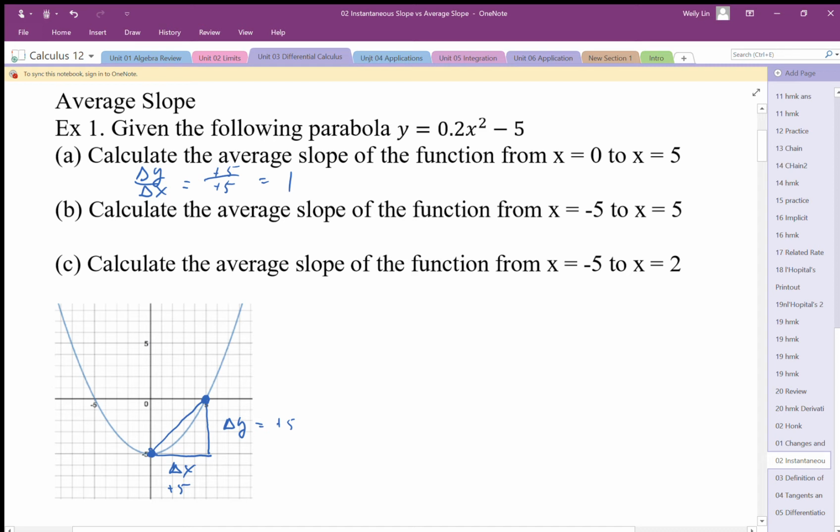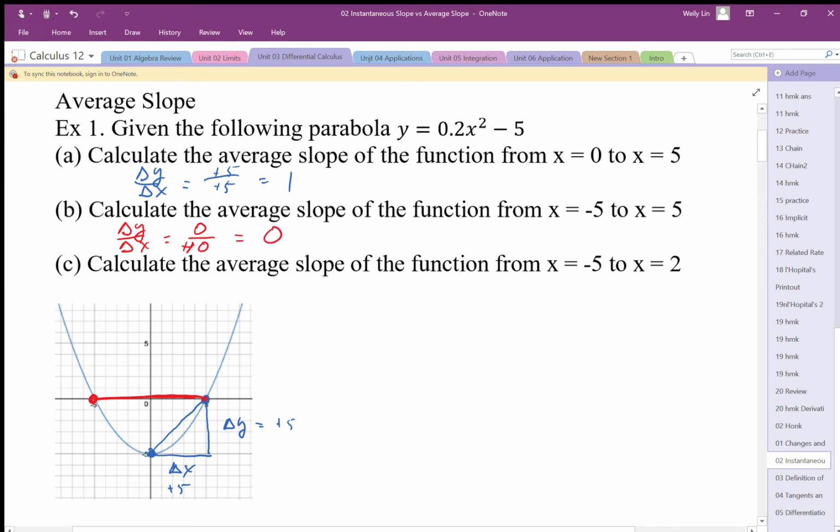If I look at the average slope from -5 to 5, that's pretty easy. That's a flat line, so there's a 0 change in y and a plus 10 change in x, so the slope is 0.